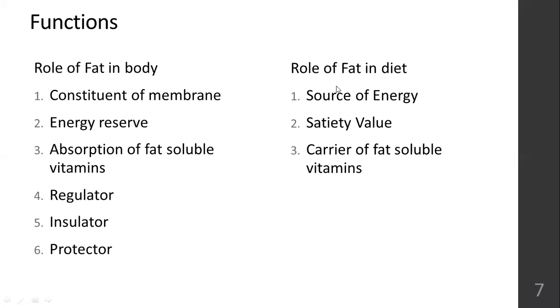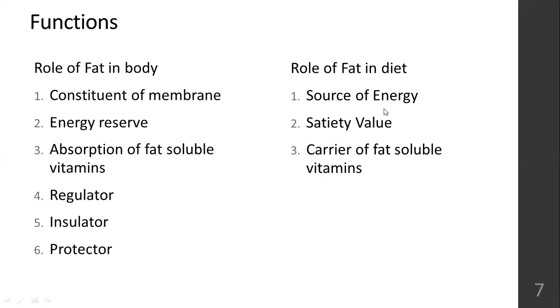People who live in Antarctica, the Arctic, North Pole, South Pole, Russia and all, where the climate is very harsh and very cold, have to indulge in a high fat diet so that they don't lose their body heat.